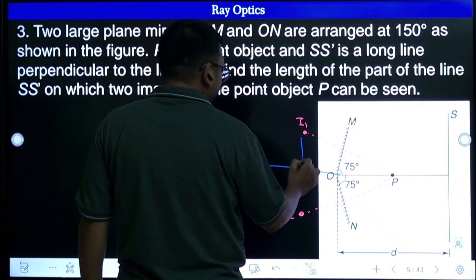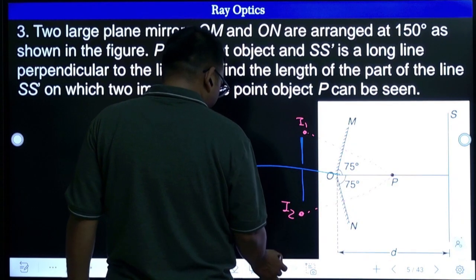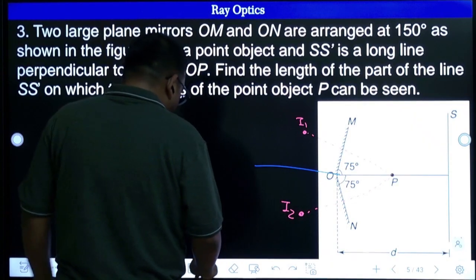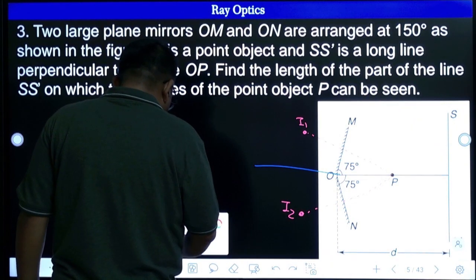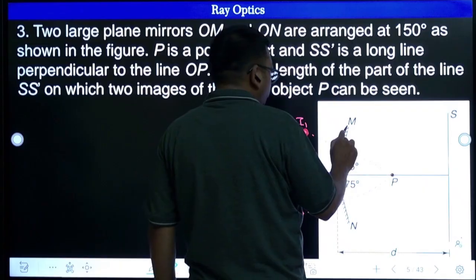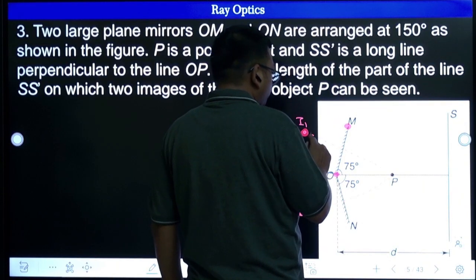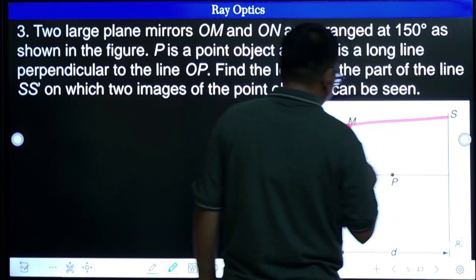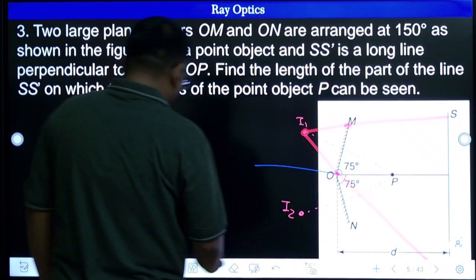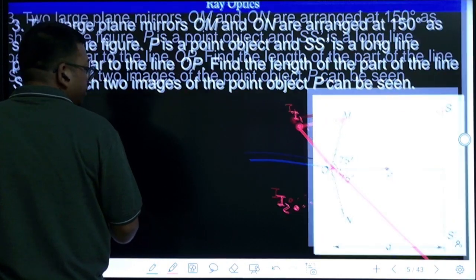These distances and these distances will be equal, but let us forget about those things. The concept is that we need to join with the edge. Remember the concept. Try to join this image with these two edges. So make here and make here, somewhere here also, like that only it is going.